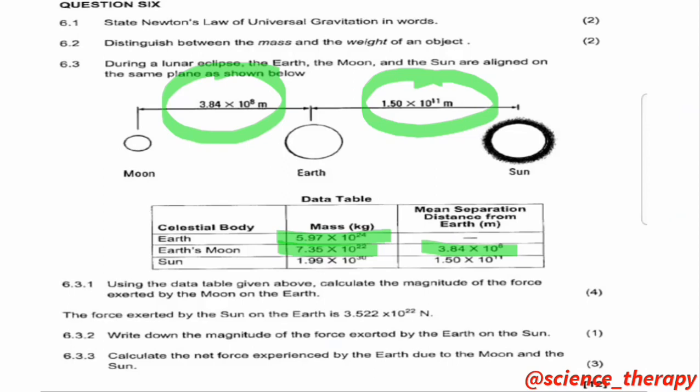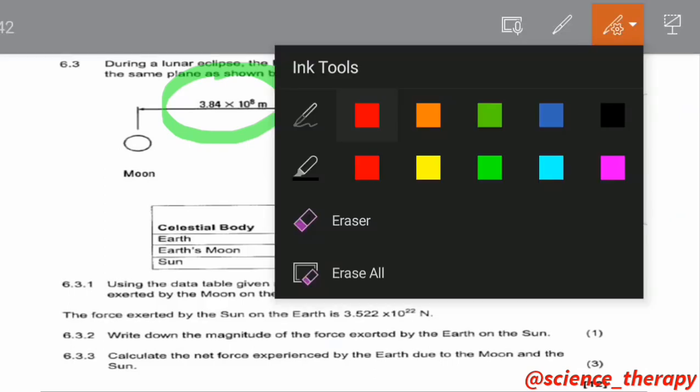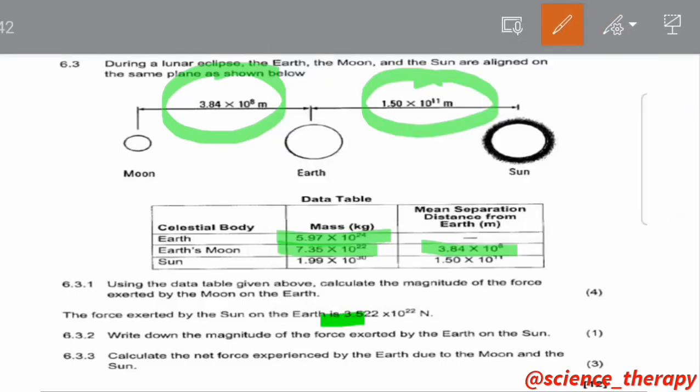So remember here we've been given the force that the sun exerts on Earth. Now they want the force that the Earth exerts on the sun. So this is where we're going to be applying Newton's third law. When object A exerts a force on object B, object B will simultaneously exert a force of equal magnitude but in the opposite direction. So equal magnitude, that's what we are looking for.